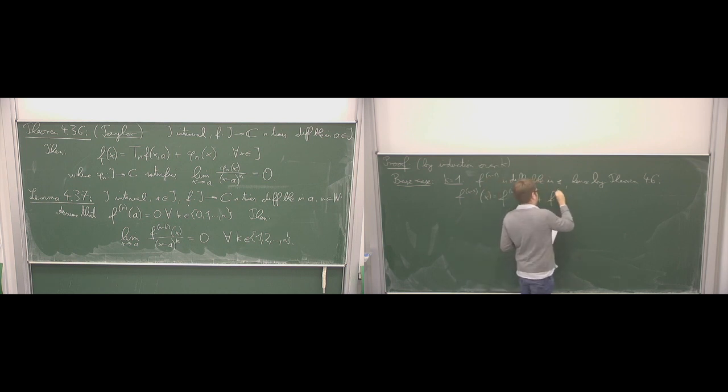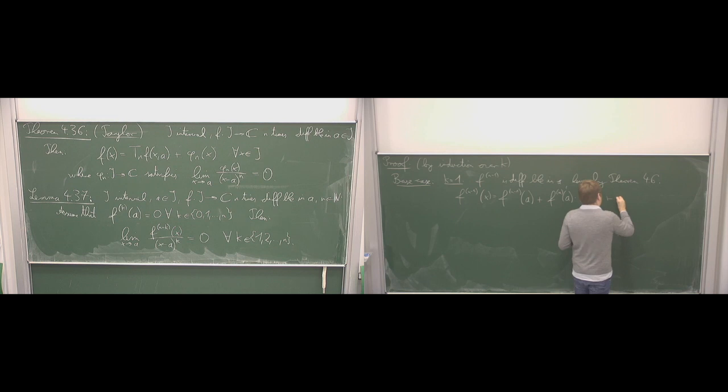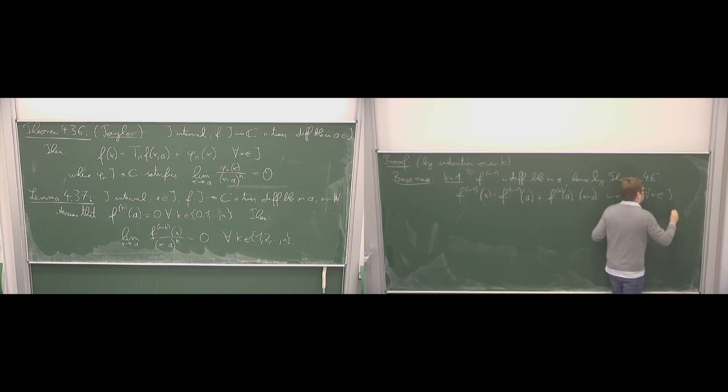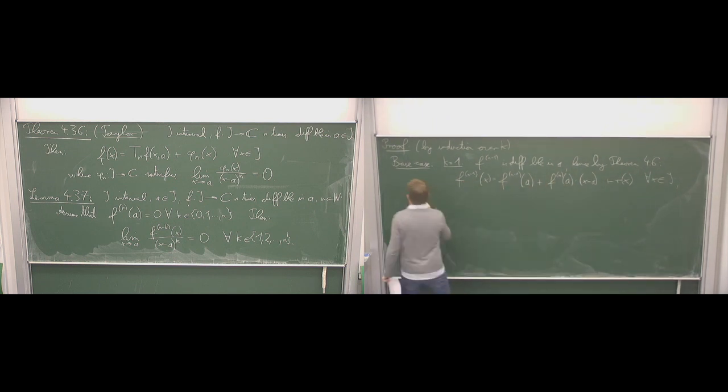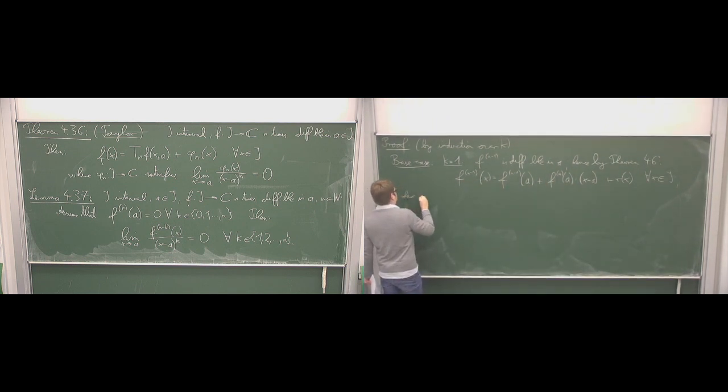And the derivative here is, of course, f^(n)(a) times x minus a plus r(x) for all x in I, where the limit of x going to a of r(x) divided by x minus a is 0. Okay, this is just a standard thing for a differentiable function.